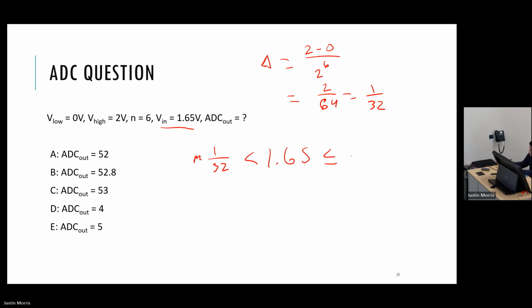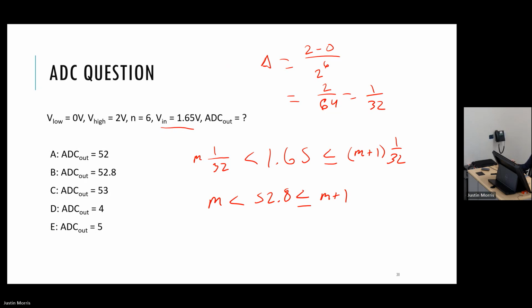And then my upper range would be m plus 1 times 1 over 32. So if we solve for this and get the range in terms of m, we can do that by just multiplying everything by 32. And that is 52.8, between m and m plus 1.